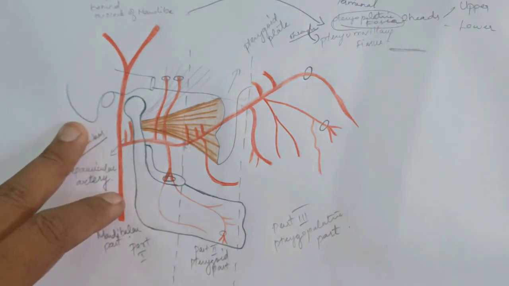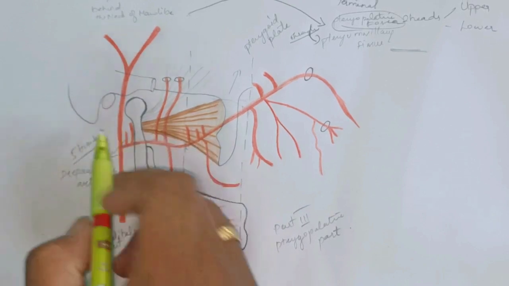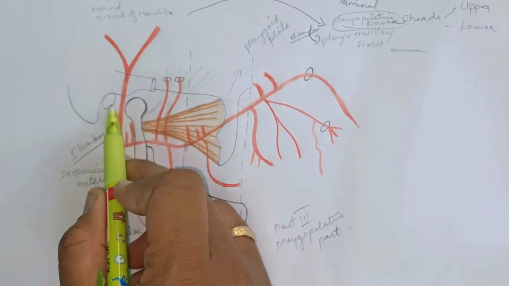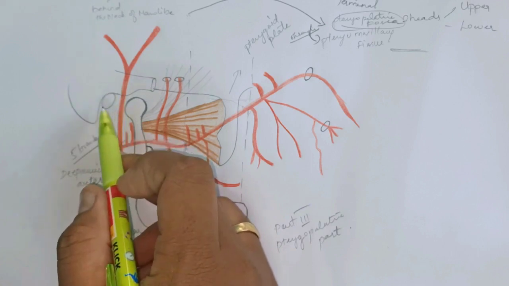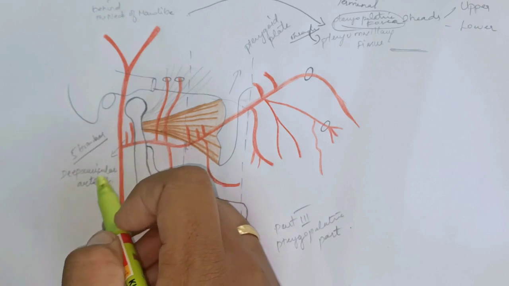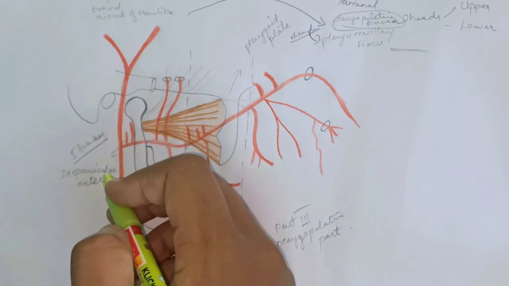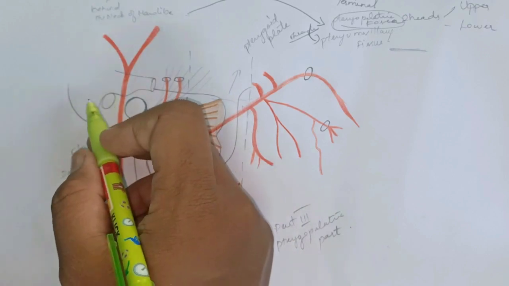Here is your ear, right? External acoustic meatus, you can see that. So it supplies this region. Here is your external acoustic meatus, and behind that you have your tympanic membrane and tympanic cavity, right? So as the name indicates, it supplies your deep auricular region. So it is deep auricular artery.